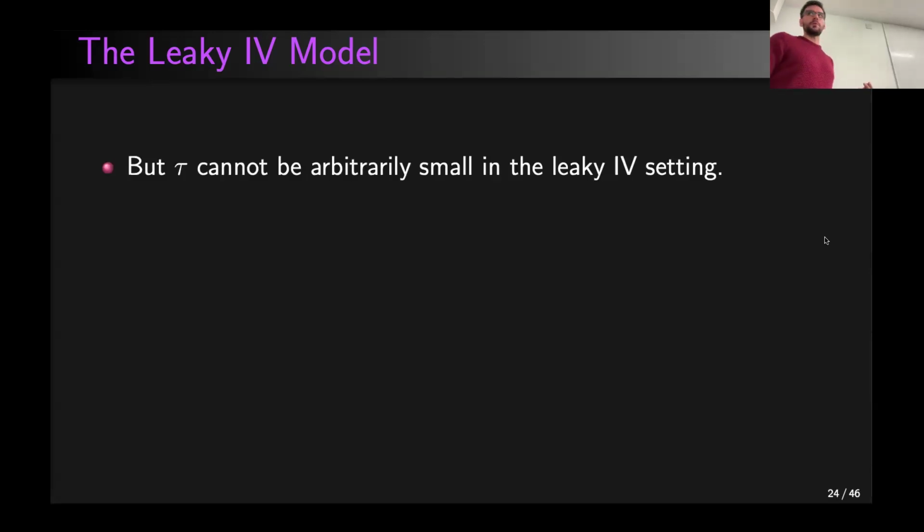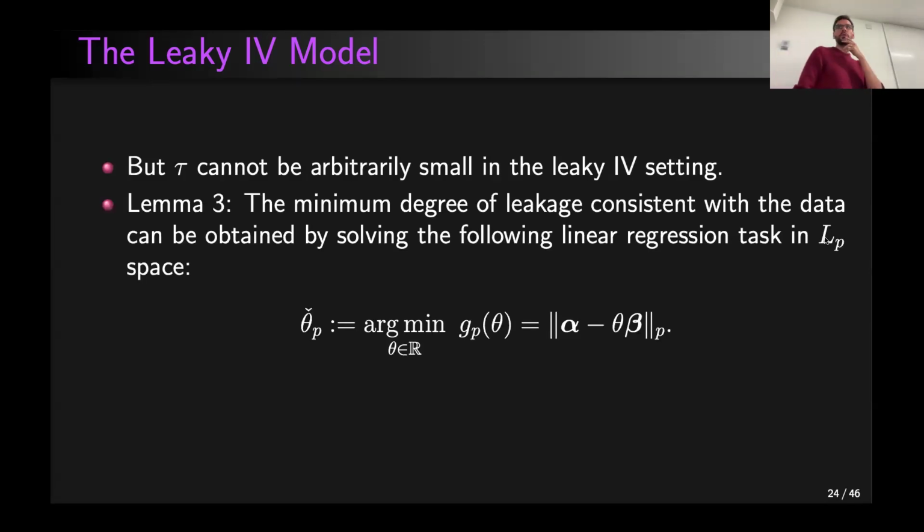Tau cannot be arbitrarily small in the leaky IV setting, as our third lemma says. The minimum degree of leakage consistent with the data can be solved by just doing this linear regression. It's just a simple minimization problem. If we're in L2 world, this is literally just the OLS estimator for theta in this expression, so closed form.